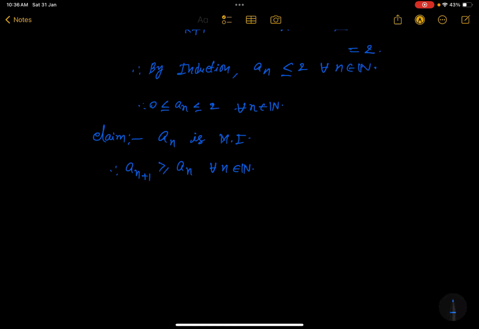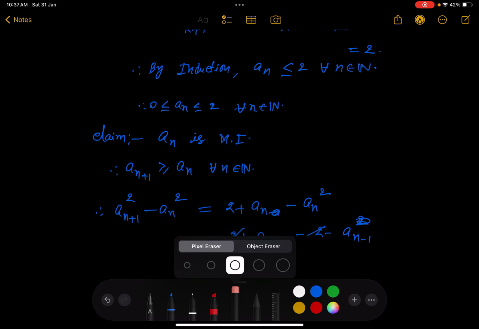So what we'll do is that you find a_{n+1} squared minus a_n squared. This is by definition 2 plus a_n minus (2 plus a_{n-1}), sorry, something is missing.